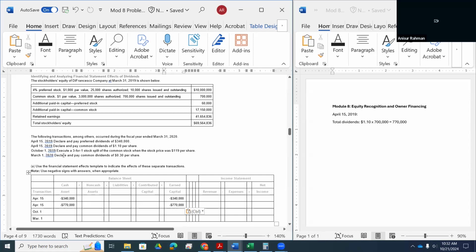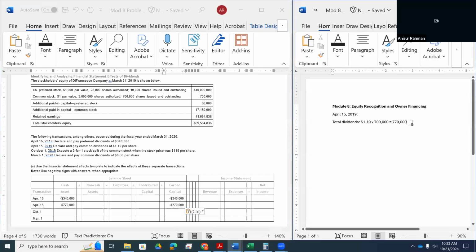Now, March 1, 2020, declare and pay common dividends of 0.3 per share. So total dividends will be 30 cents per share, and we have to find out the number of shares. It is common dividends. Common shares originally was 700,000 shares.